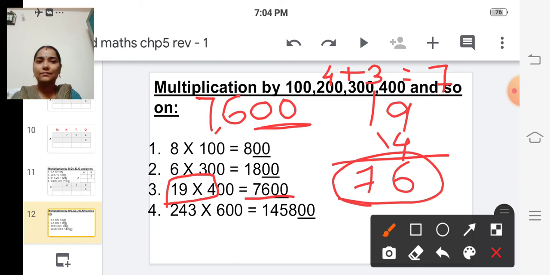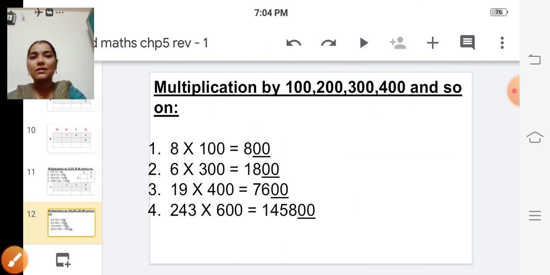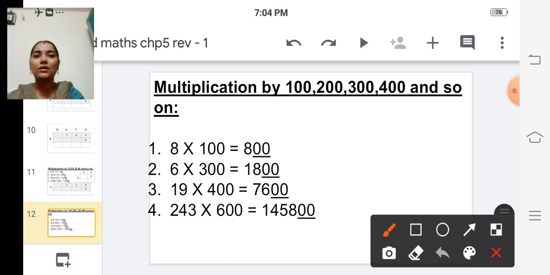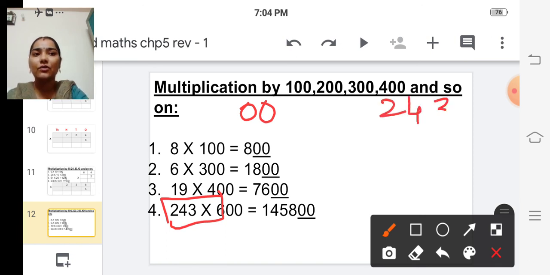Okay children. So the next one is 243 into 600. Similarly we write 2 zeros at the end and then multiply 243 and 6. Shall we multiply 243 into 6. 6 3s are 18.